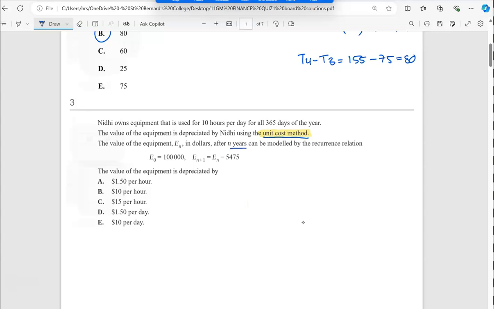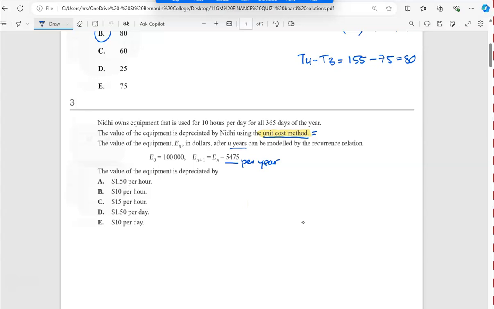So it's dropping by 5475 per year, which means all the uses in that year cost that much. So the value of the equipment is depreciated by, they want to know per hour, like we can work out per hour, because this is unit cost.